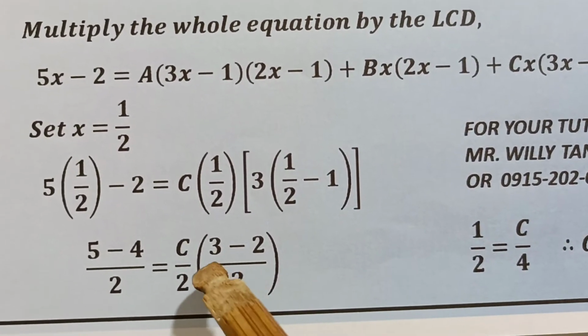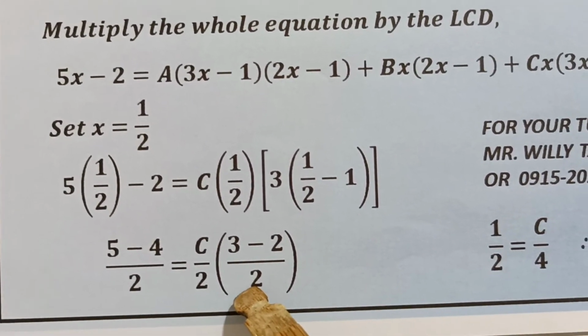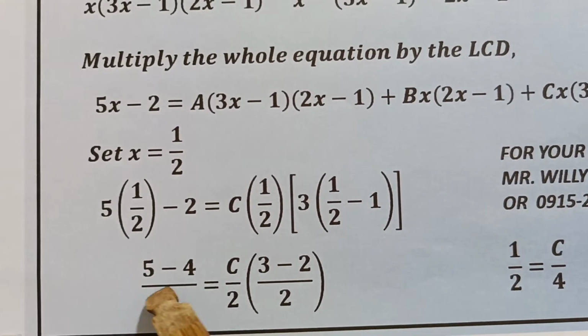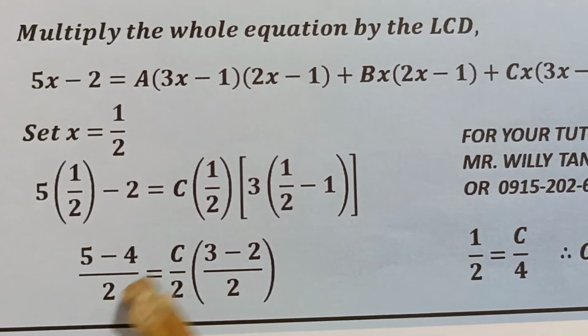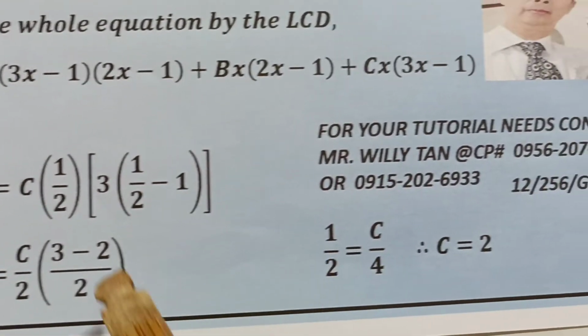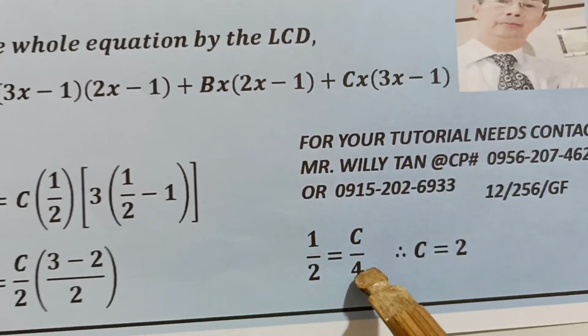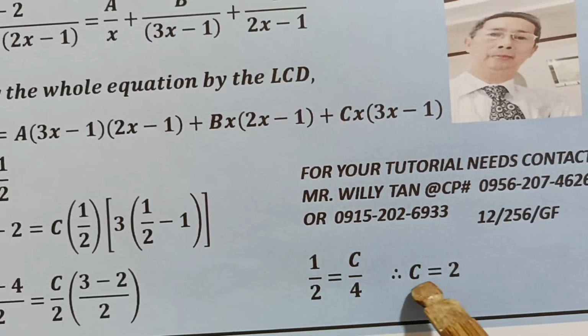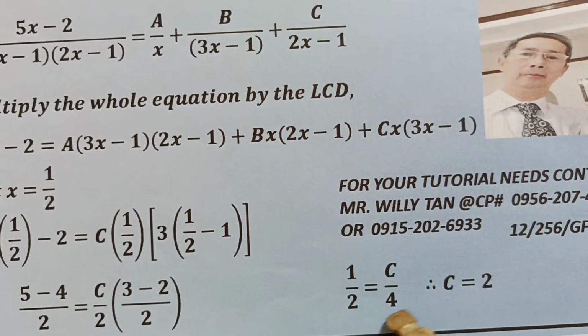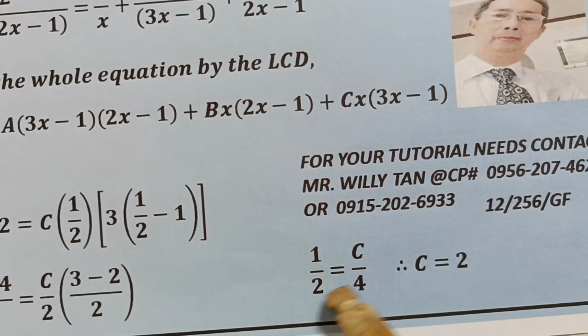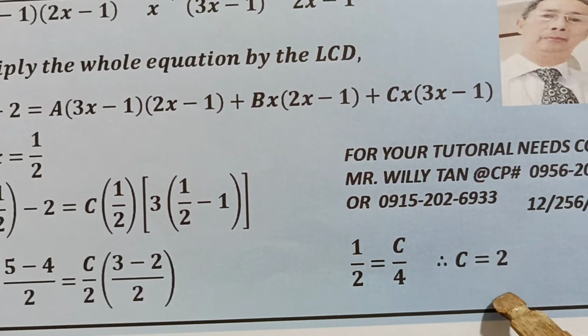That one becomes 1/2. So since this is 1/2, 5 minus 1 over 2 is equal to c over 4. So the value of c will be 2, since we multiply the whole equation by 4, we get c is equal to 2.